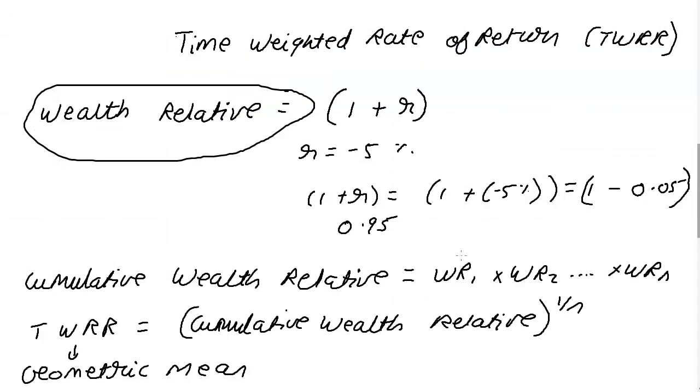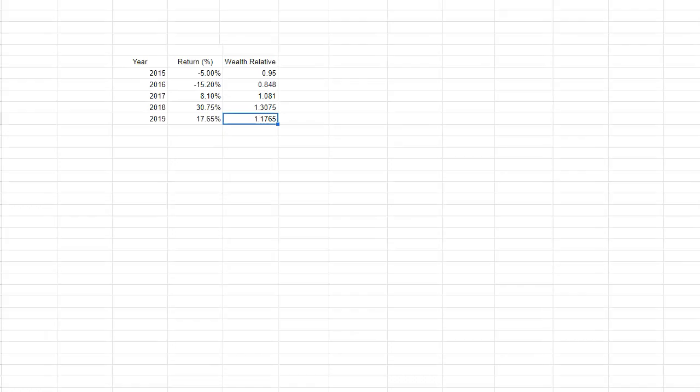We need to multiply WR1 into WR2 all the way to WRN. Okay, so this is as good as WR1, WR2, WR3, 4, 5. So we're multiplying all of these numbers. Okay, and I'm just going to write the cumulative wealth relative.